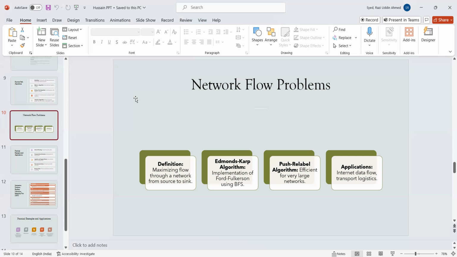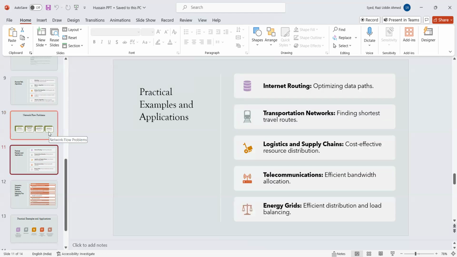Applications. For the applications of graph algorithms, Dijkstra's helps find the best path for data packets across the internet, and there are transportation network examples. These are practical examples and applications: internet routing, transportation networks, logistics and supply chain, telecommunication, and energy grids also.